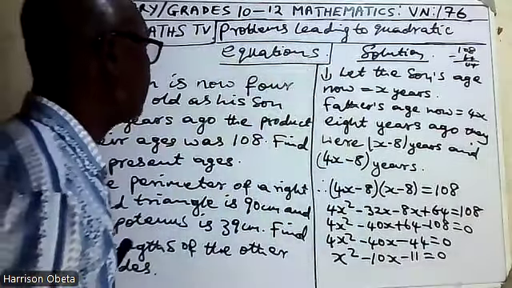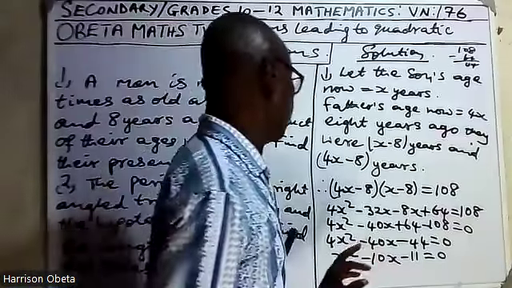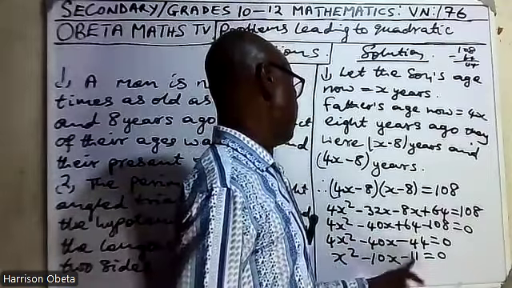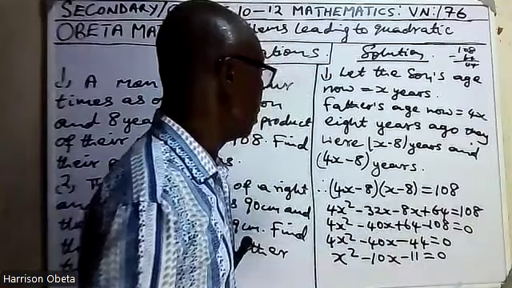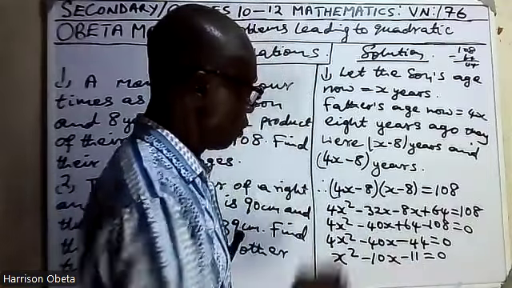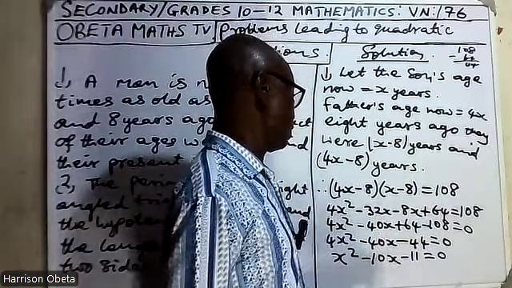So at this point, we now try to factorize. Look for the values of the factors of minus 11 that will give us minus 11 when we multiply, but when we add, we have minus 10.